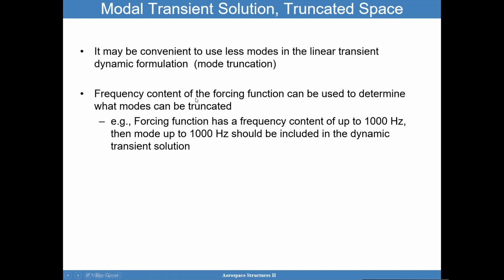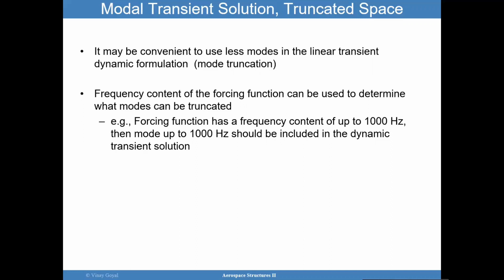The frequency content of the forcing function can perhaps be examined and can be used to determine what modes can be truncated. We talked about that before. Say you have a natural frequency of the system that's about 30 hertz, but the frequency content of the forcing function is 1,000 hertz.